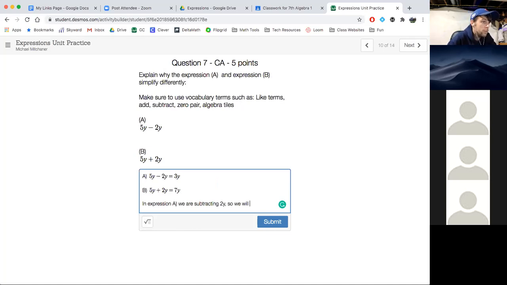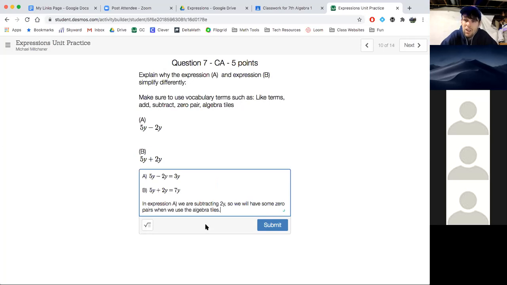So we will have some zero pairs when we use the algebra tiles. So I'm writing these things out. There's not one way to answer these questions. I'm really looking to see what your understanding of the concepts of simplifying and algebra tiles and like terms are in this case. So as long as you're using the vocabulary terms properly and making a valid, real statement here, it's fine.